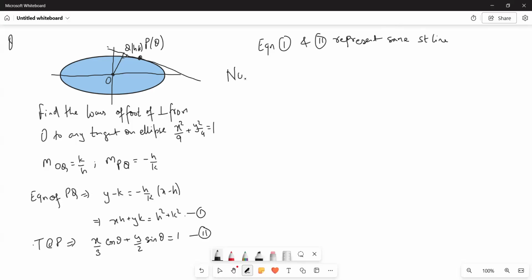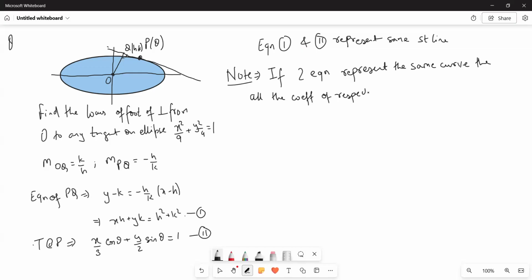So then write down a very important note. This is quite helpful as a property. If two equations represent the same curve, this is a very important property, then all the coefficients of the respective terms must be proportional, in the same ratio.